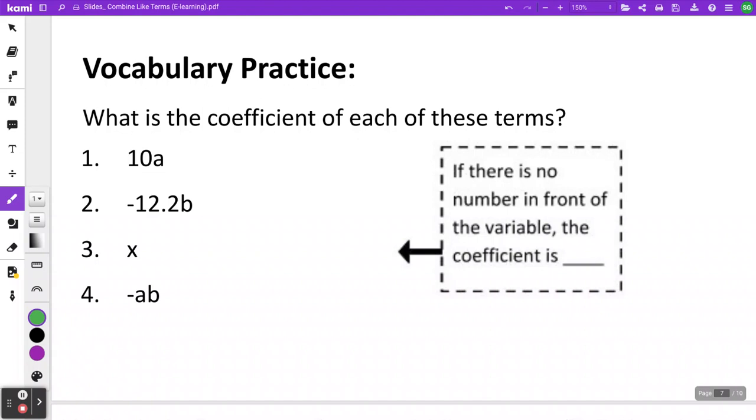We said coefficient is the name of the number in front of the variable. It's the name of the number you're multiplying with. So in number 1, my coefficient would be this right here. My coefficient would be the number 10. Go ahead and try the rest. Number 3 and number 4 are a little challenging, but see what you come up with.